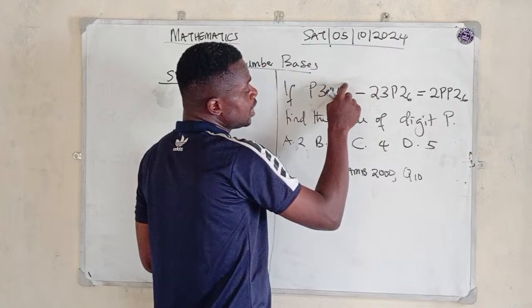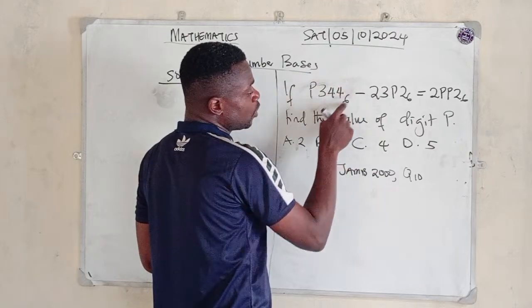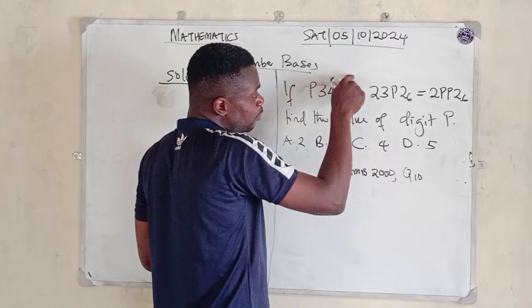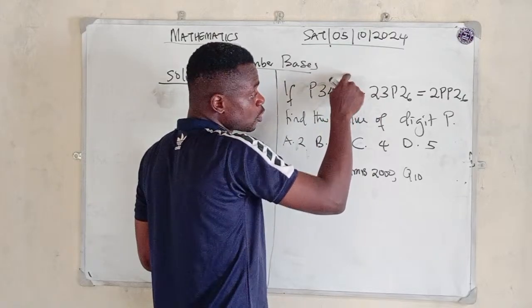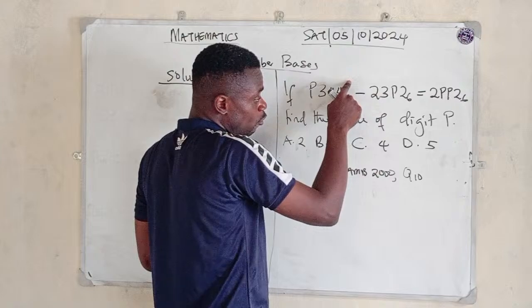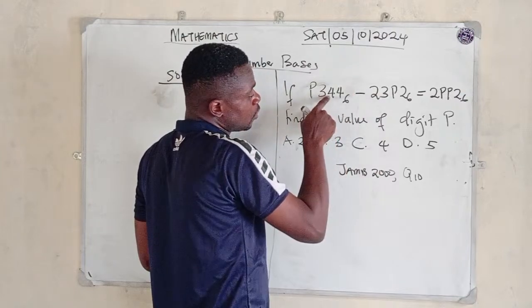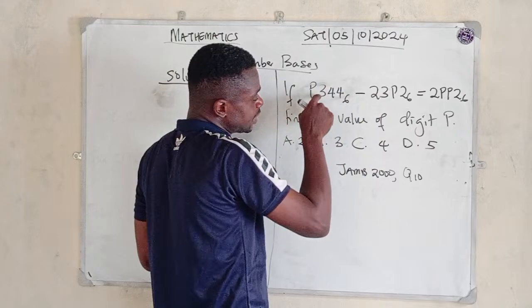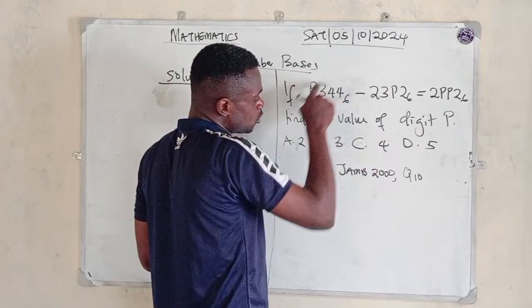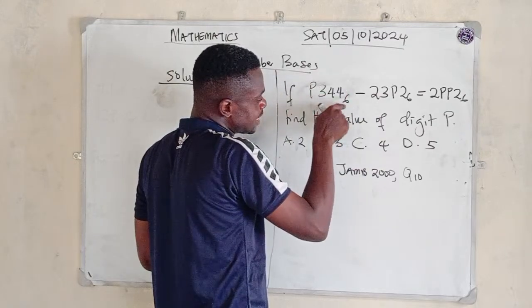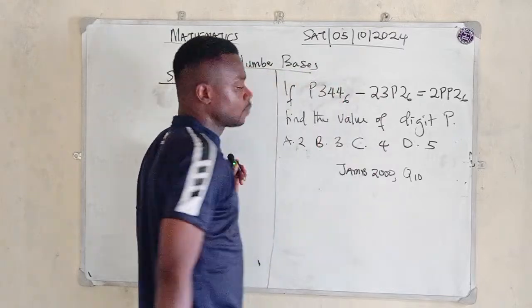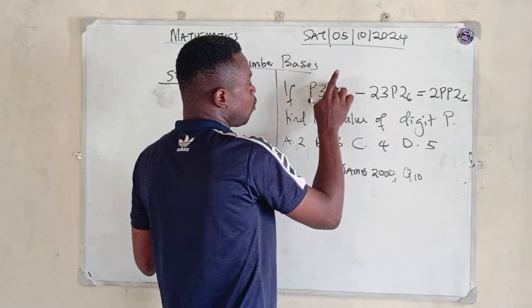Because it's in base 10, we should use this 4 times 6 raised to power 0. Then 4 times 6 raised to power 1. Here 3 times 6 raised to power 2. Here this P times 6 raised to power what? 3. 0, 1, 2, 3.